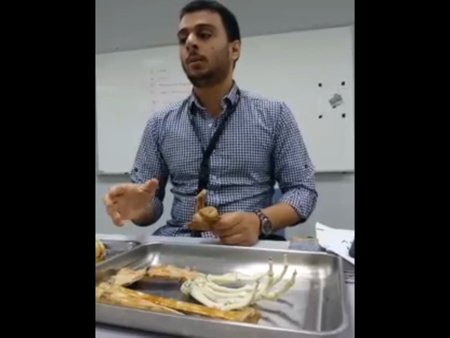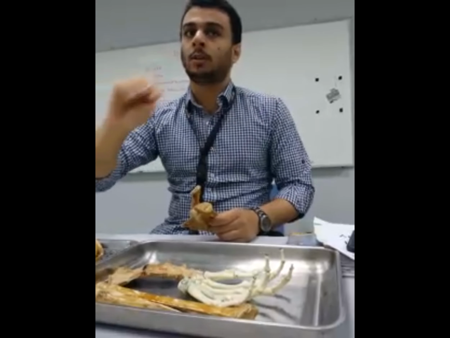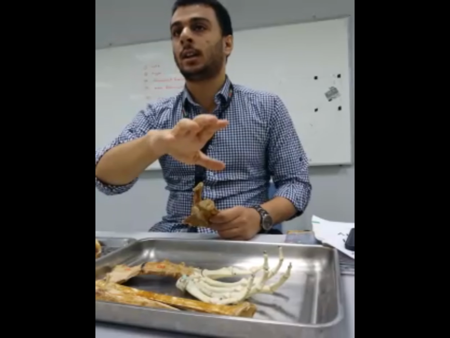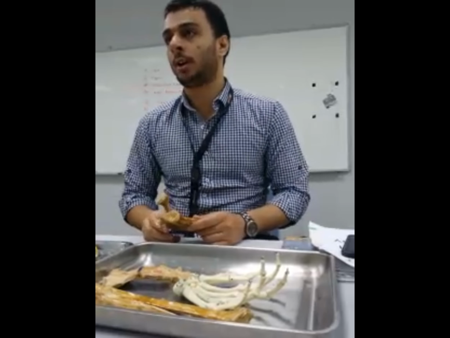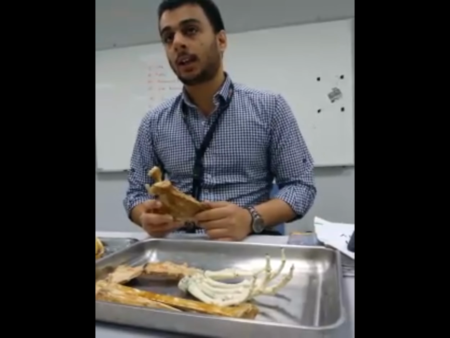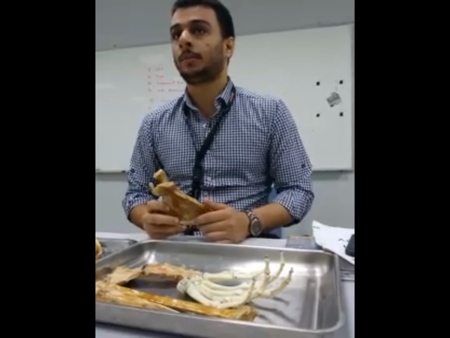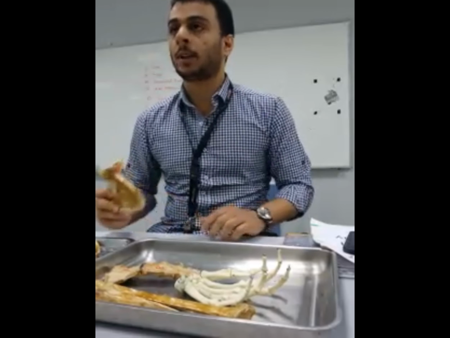So when there is an occlusion in the last part of the subclavian or the early part of the axillary, this anastomosis around the scapula provides blood supply to the upper limb. So in operation, you can occlude the second or third part of the subclavian, no problem, but do not occlude the first part. You will cut the blood supply to the upper limb.